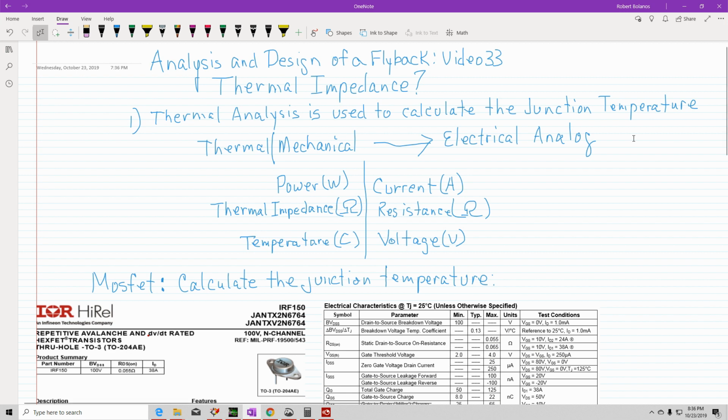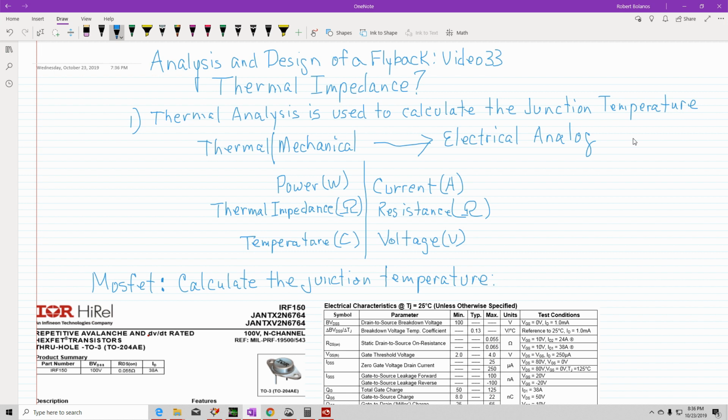Okay, I'm going to talk a little bit about a very important subject, and that's thermal impedance. I'm going to try and make it a little quick, and then later on I'll expand more into it.